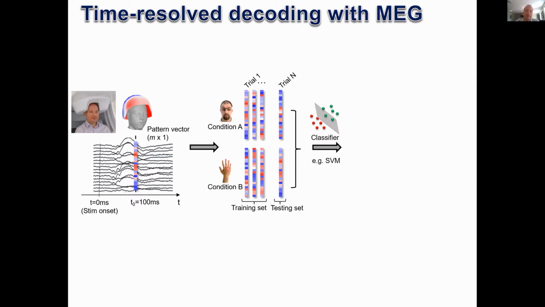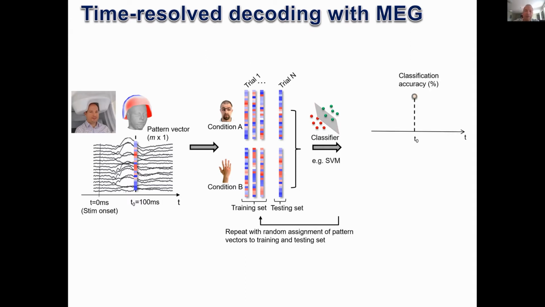In this case, and for reasons I will explain later, we're talking about a simple linear classifier such as support vector machine and to get a decoding accuracy, and then apply cross-validation, meaning that we randomly reassign the data to training and testing sets and recompute again in a cross-validation way, eventually ending up with a classification accuracy showing us how well we can discriminate these two stimuli from brain signals.